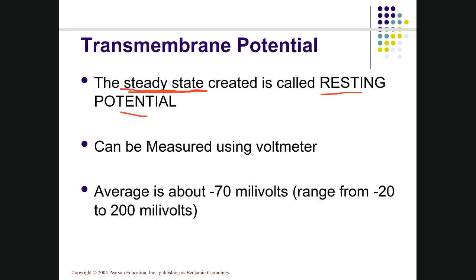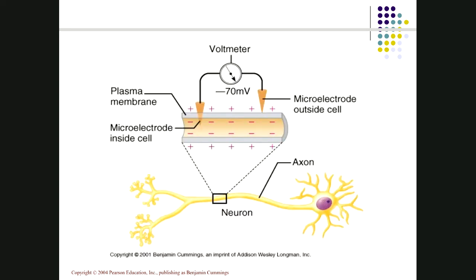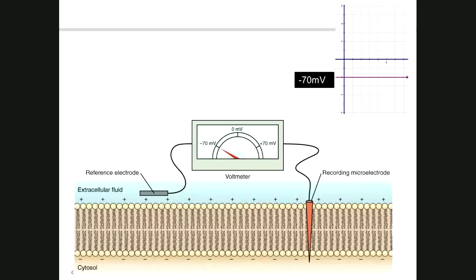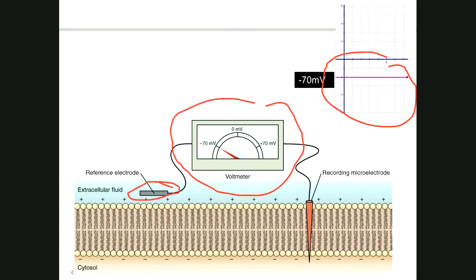So if we measure resting potential, it looks like this. If we graph resting potential, it looks like this. So here's our voltmeter right here, and there's our 2 electrodes. Again, one on the inside, one on the outside, and here's that voltage, minus 70 millivolts.